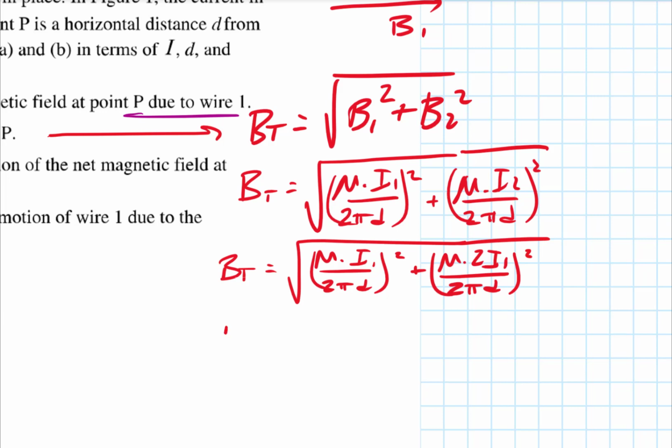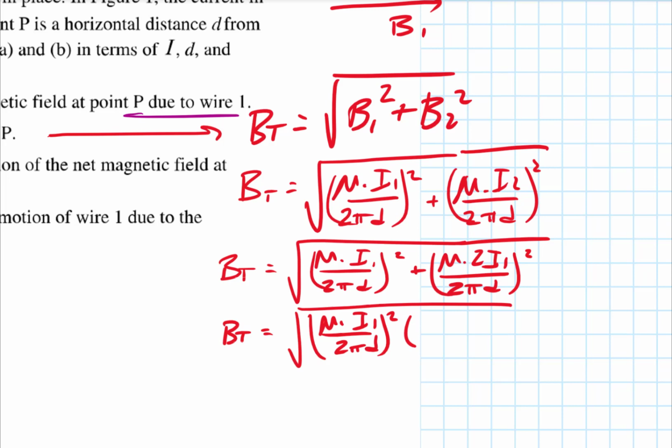So what we can do here with our fun little square root thing, we can pull out mu 0 I1 over 2 pi d, quantity squared, and that's going to be times 1 squared plus 2 squared.